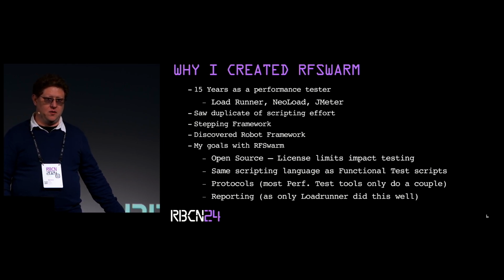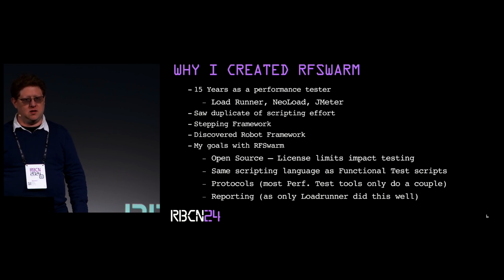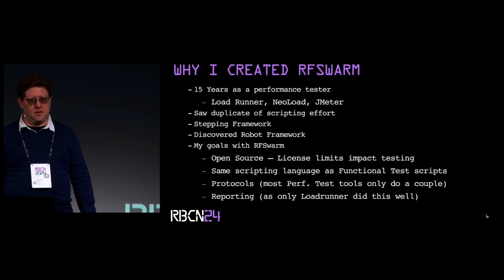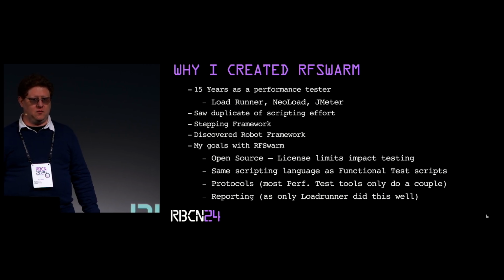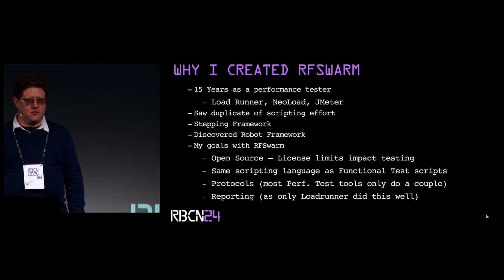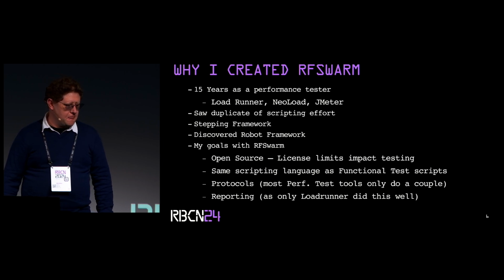Or the other way, they might come from being a system administrator and progress into becoming a performance tester, and then they go, well, this is not really what I want to do, and they migrate into becoming a regression tester or a test automator. But that's not really possible in the current world. So that was what I was trying to make available and where I was trying to bring changes in.